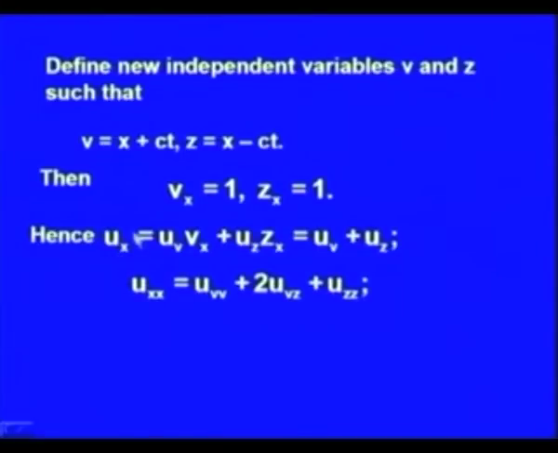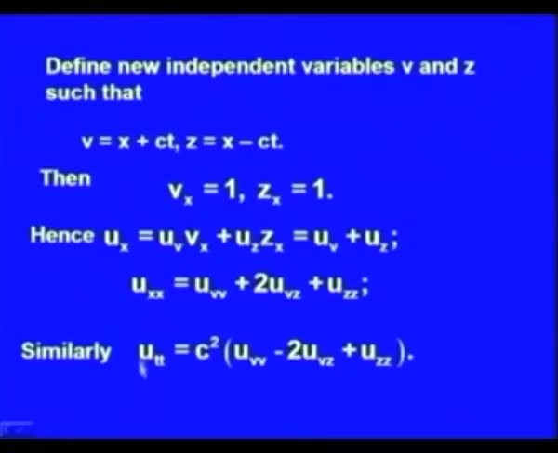Now, when we apply this operator delta over delta x on u x again, we get u x x equal to u v v plus 2 u v z plus u z z. And similarly, we can show that u t t comes out to be equal to c square times u v v minus 2 u v z plus u z z, because for this u t t we will need the values of v t and z t.